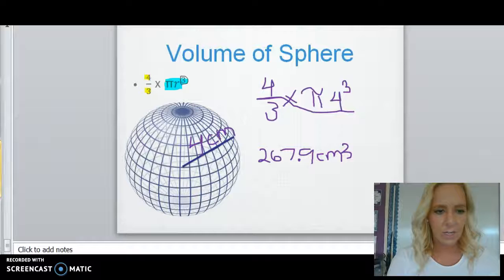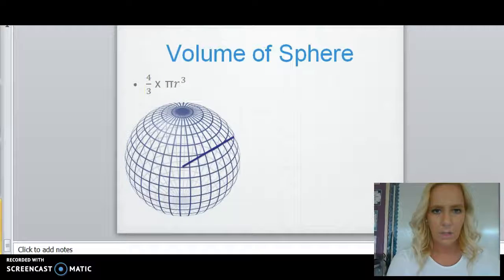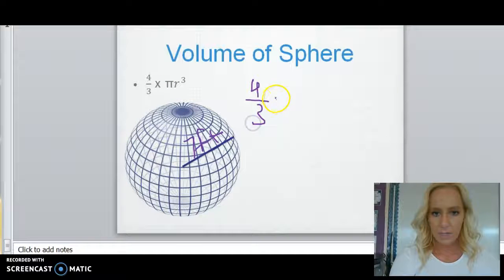Okay, let's look at another example. Let's give this sphere a radius of 7 feet. So I'm going to take 4/3 times pi and my radius cubed, 7 cubed.